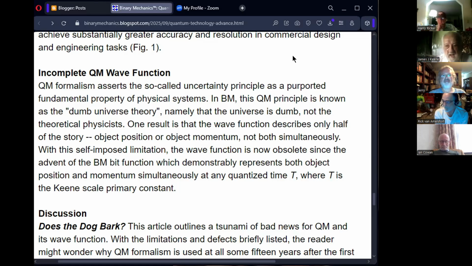I agree with what you're saying, Jerry, that this uncertainty principle really may refer to the limitations of measurement that we have. In other words, the technology that we have to determine momentum or position at a very fine microscopic scale. And so it's more a methodological limitation than a theoretical constraint.